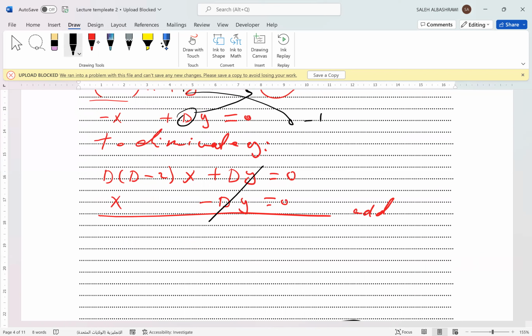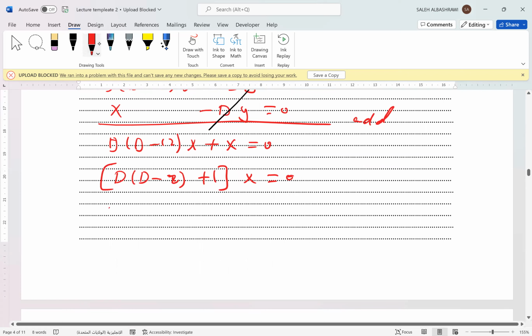So I have D times (D minus 2)x plus x equal to 0. Or I can take x as a common factor: it will be D times (D minus 2) plus 1, times x, equal to 0.